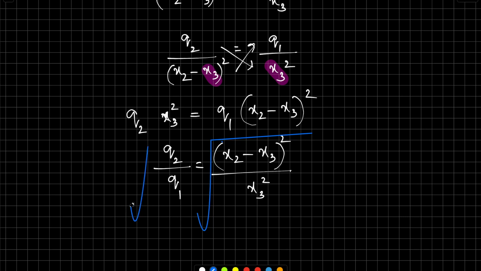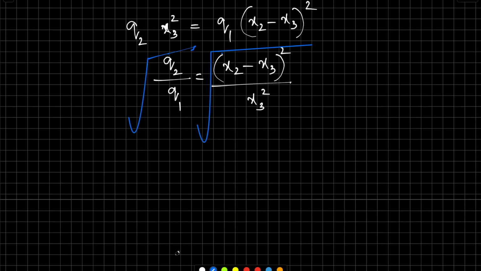So I'm taking the square root on the left side as well. All right, so the left side will be root Q2 over root Q1. The right hand side, the square will be gone. Square root and square can be cancelled, so it will be (x2 minus x3) over x3.